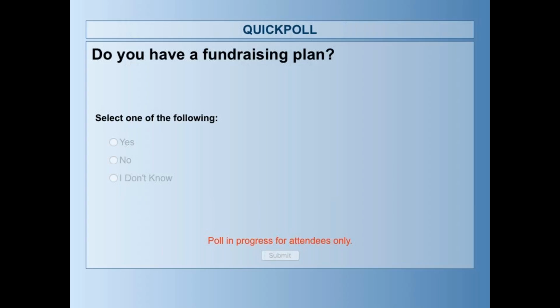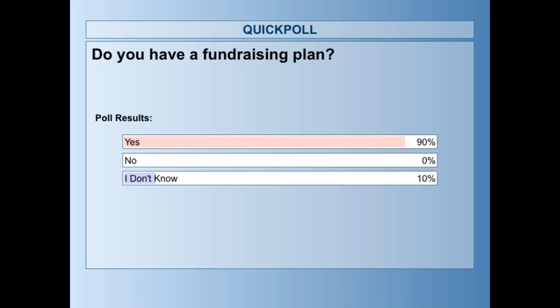All right, okay. Here we go. So most of you have a fundraising plan. Somebody doesn't know, and that's okay. Great. So you all have a sense of this fundraising planning thing is important, and you have a plan in place, which is fantastic. So I want to share with you a little bit about what we have seen as the impact of having a fundraising plan.